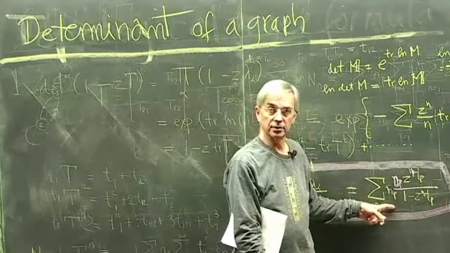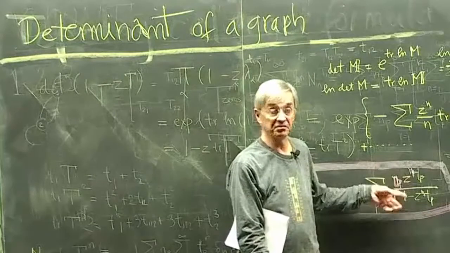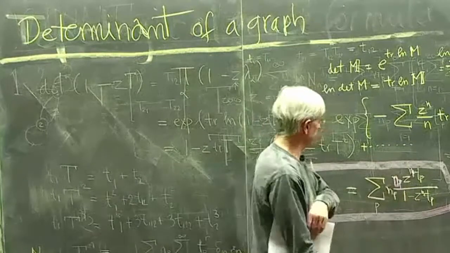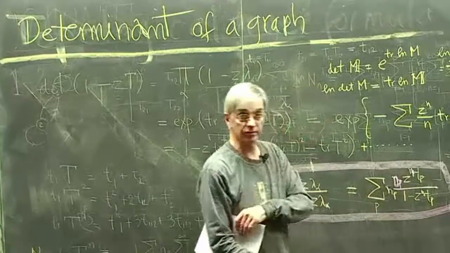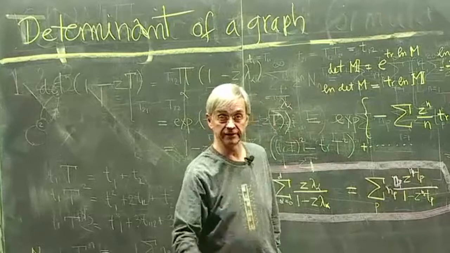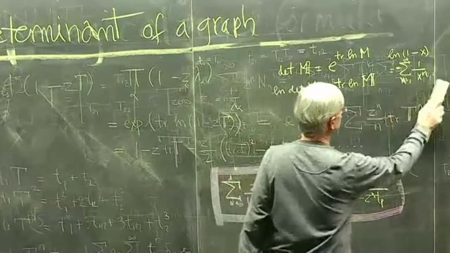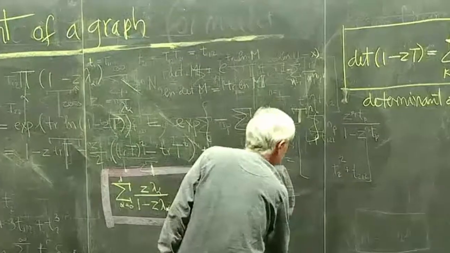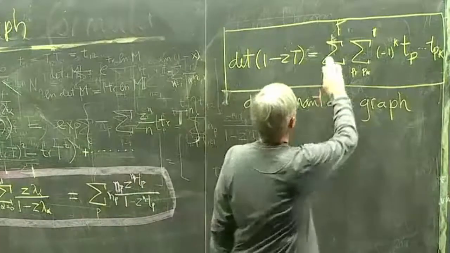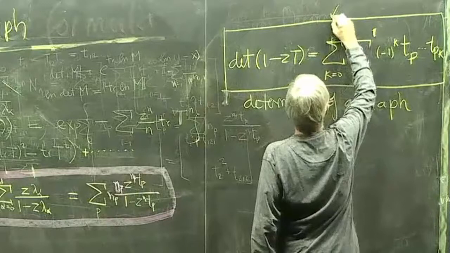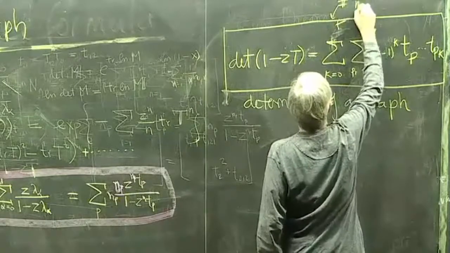Why am I allowed to sum over infinity of graphs on the right-hand side, prime cycles? Because on the right-hand side, I'm allowed to take any binary sequence of any length. So what gives? What's going on? And it'll be precisely this property that f is the number of non-intersecting loops.